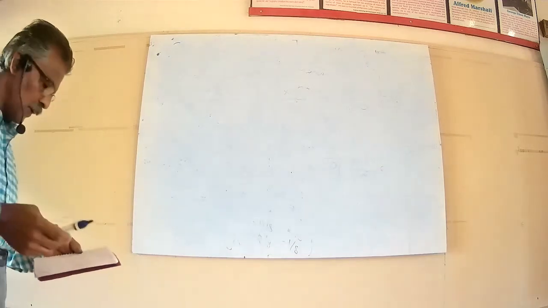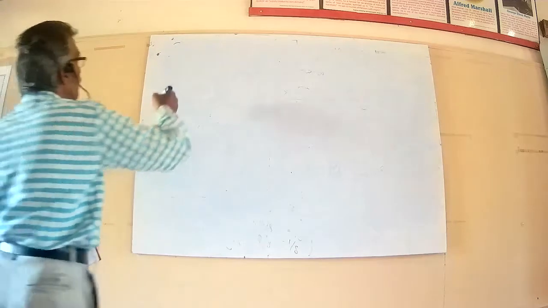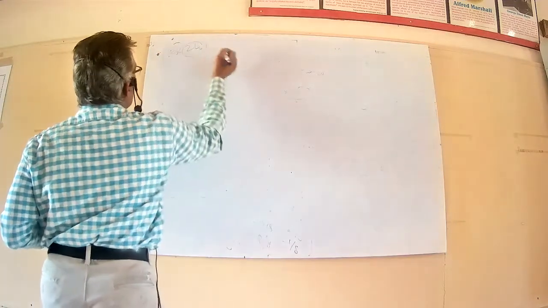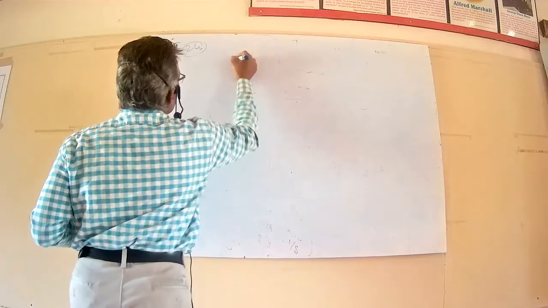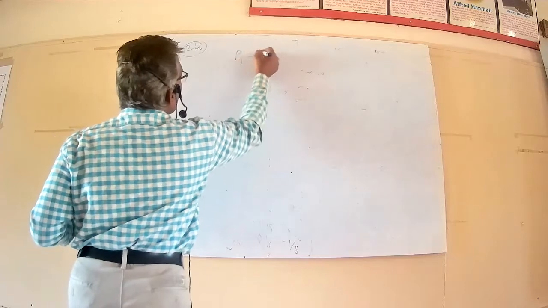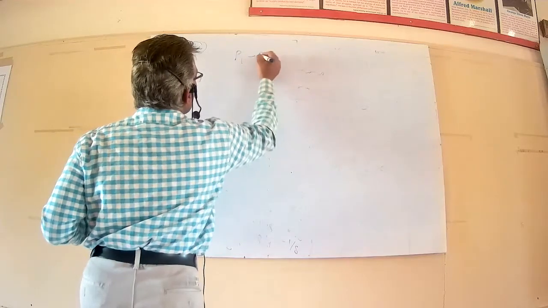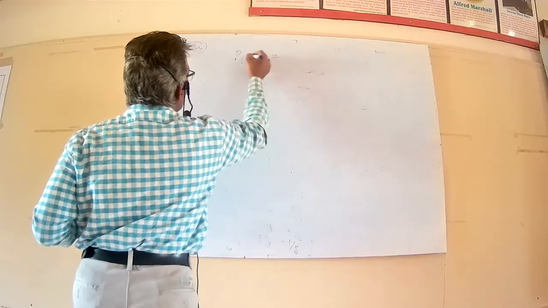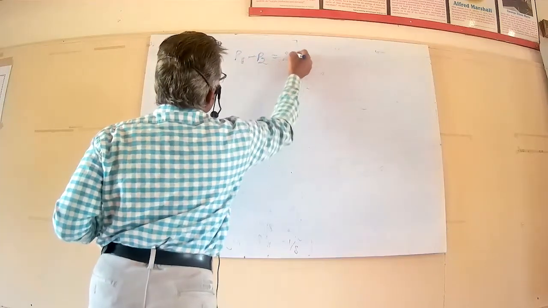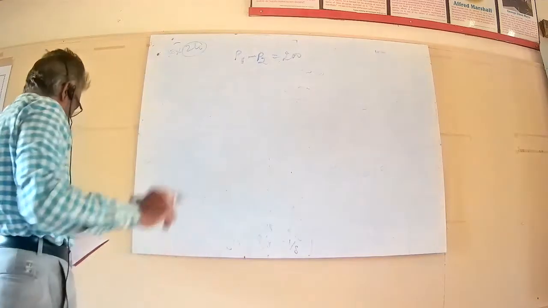What does that mean? There are two sums, P1 and P2. Suppose these two are the sums, then the difference between these two is 200. That is one clue.